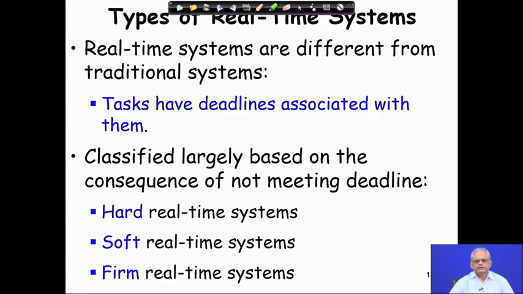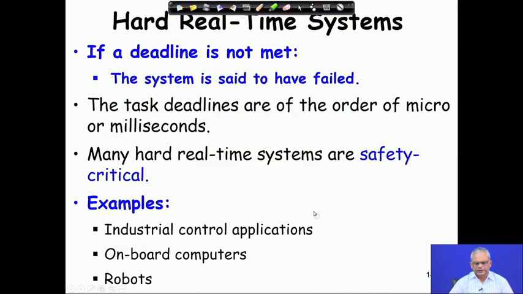Even among these real time systems we can distinguish between three: hard real time system, soft real time system and firm real time system. We distinguish between these three based on the consequence of a task not meeting its deadline. Let us look at these three systems, then it will become clear what we mean by the consequence of a task not meeting its deadline.